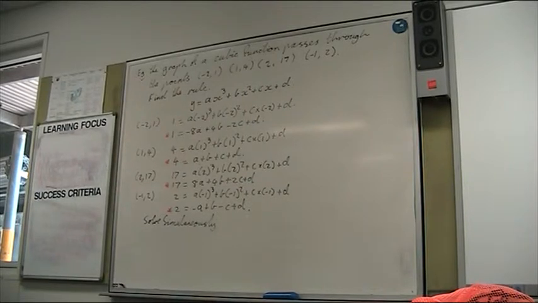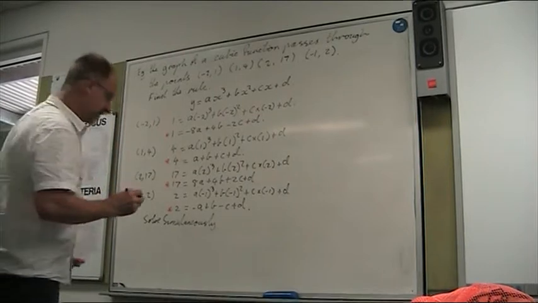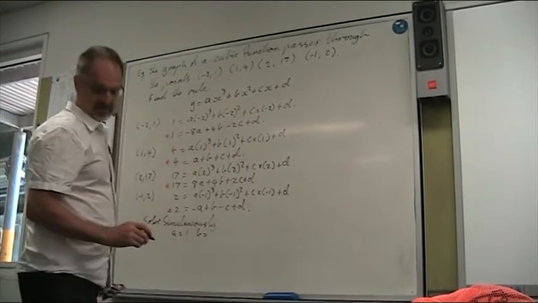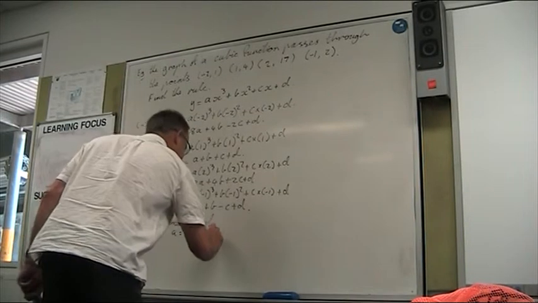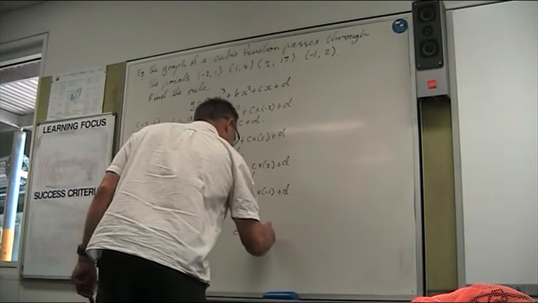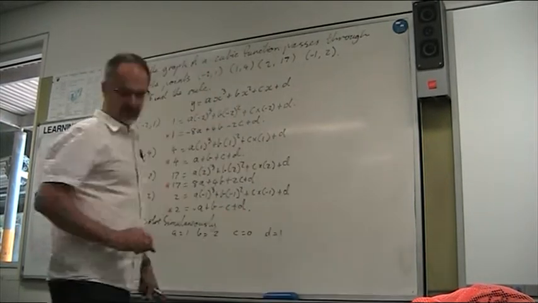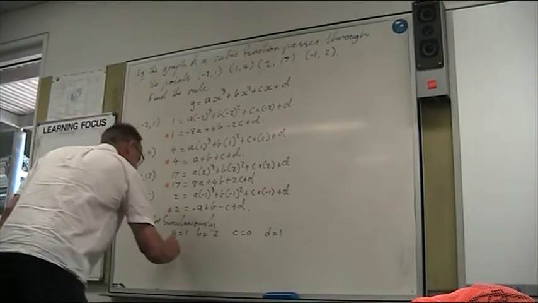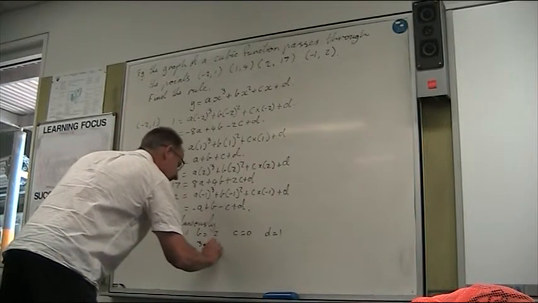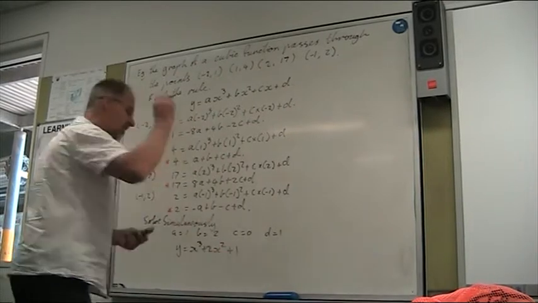Tap on it once, it'll give you 2 lines. Tap again, gives you another line, and then the third time, it'll give you another line. You put that in. When you do that, you find that a is 1, b is 2, c is 0, and d is 1. So the rule is y equals x cubed plus 2x squared plus 1.